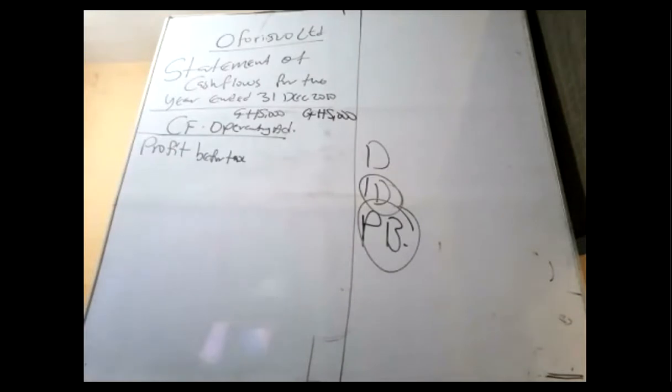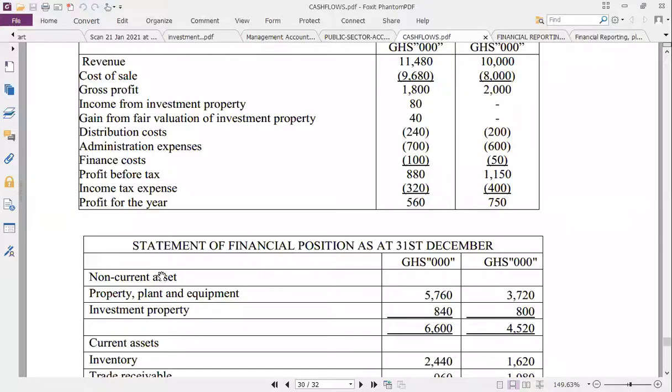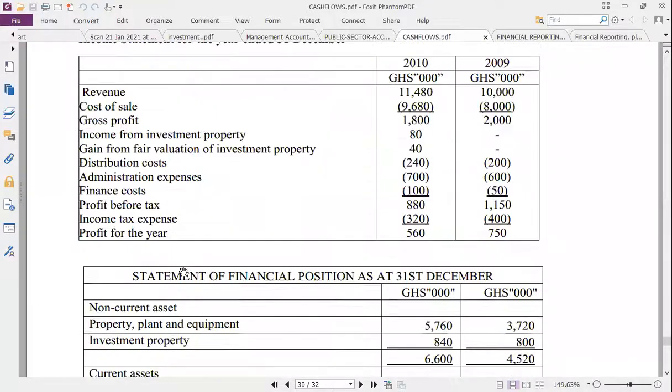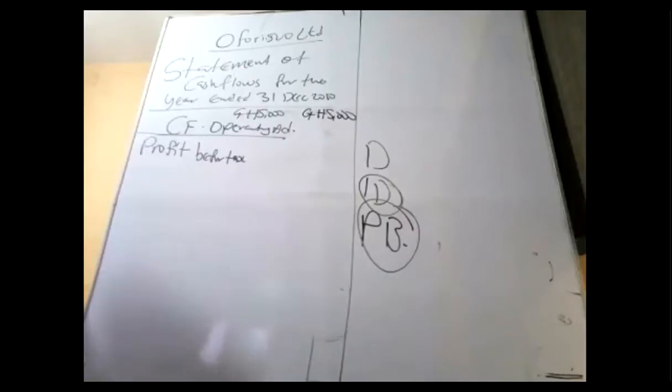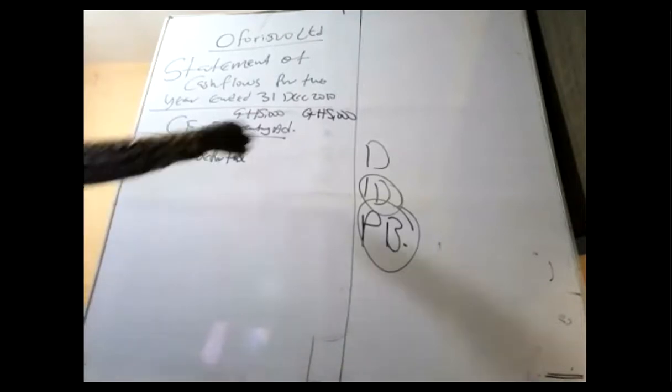Locate wherever the profit before tax is and bring it. Usually go to the tax section, the profit immediately before the tax. So this is the profit before tax. Thank God, the examiner has given it to us already. It is what? 880. So profit before tax is 880.